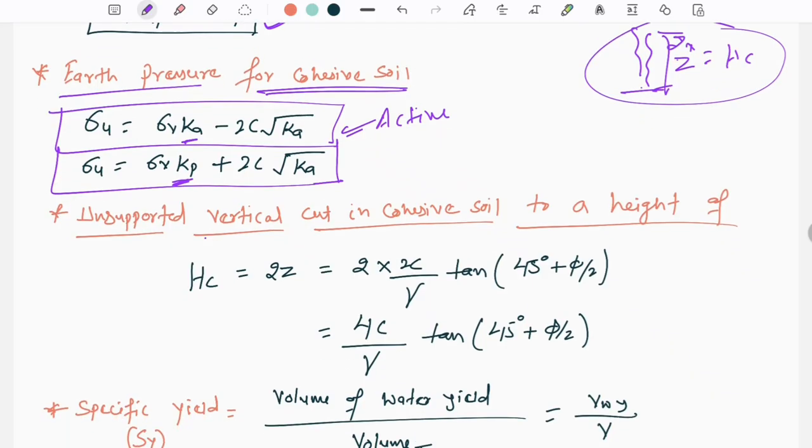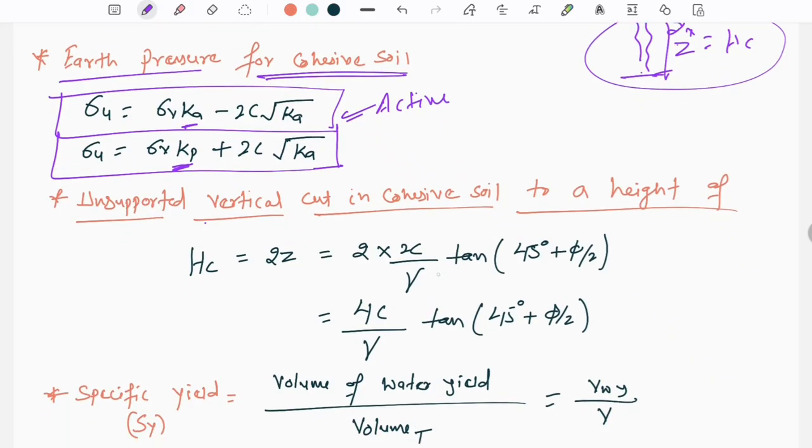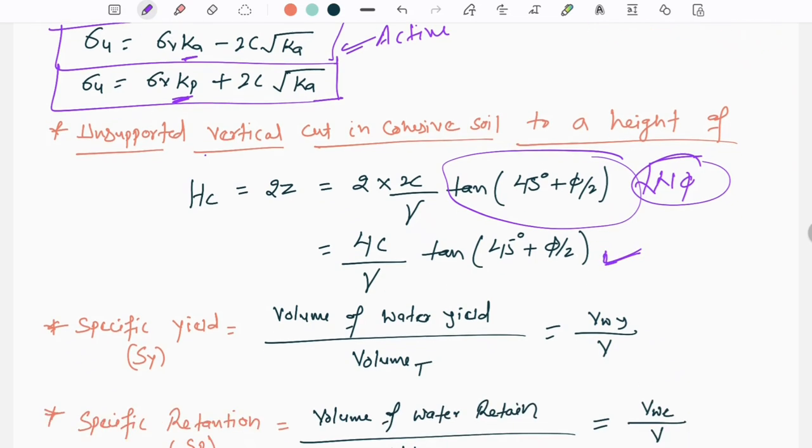So hc is equal to 2 into 2c by gamma into tan of 45 plus phi by 2. This is nothing but root under N phi, if you remember the class discussed above. So you can directly write 2 into 2c divided by gamma, that is 4c by gamma into root under N phi, or tan of 45 plus phi by 2. Okay.